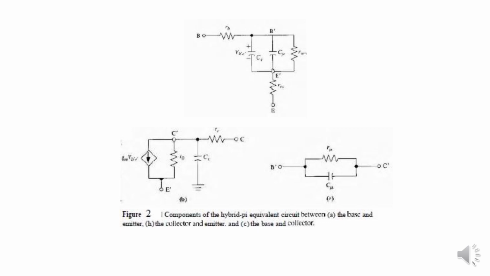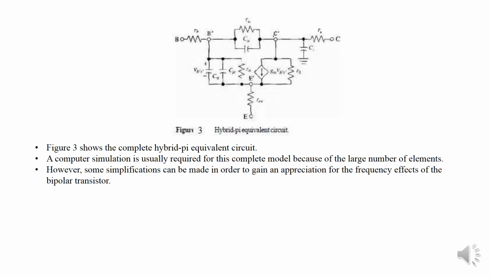In the second figure, this shows the equivalent circuit looking into the collector terminal, and R is the series resistance between the external and the internal collector connections, along with the capacitor C. In the third figure, figure 3, it is the equivalent circuit of the reverse bias B dash C dash junction, where C is the reverse bias junction capacitance and R is the reverse bias diffusion resistance.